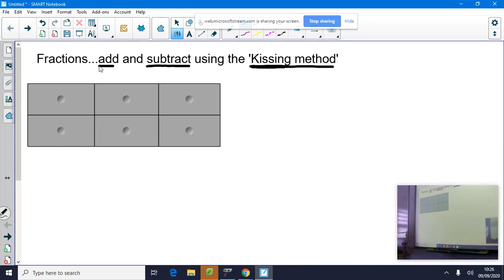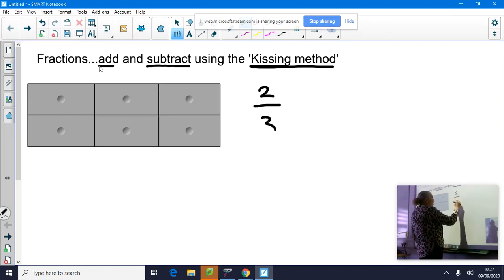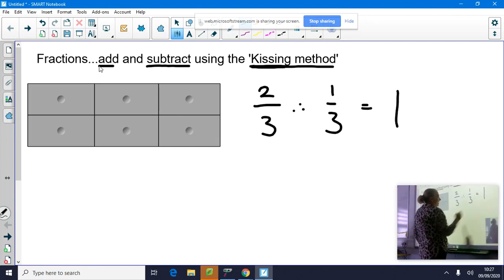Right, so let's make some facts first. A whole one, if we had 2/3, I would need 1/3 to equal 1.